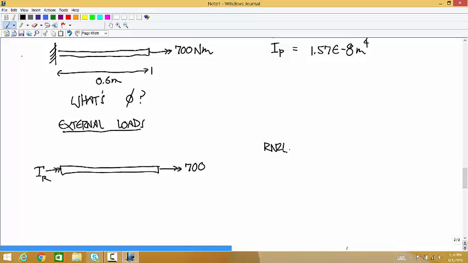The moment equation about the x-axis says TR plus 700 is equal to 0. So that reaction torque is negative 700.